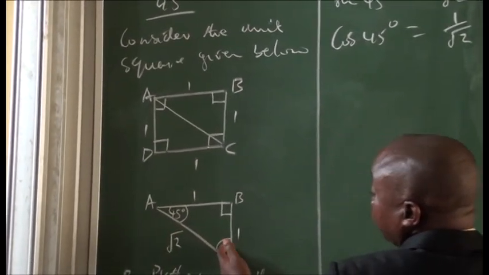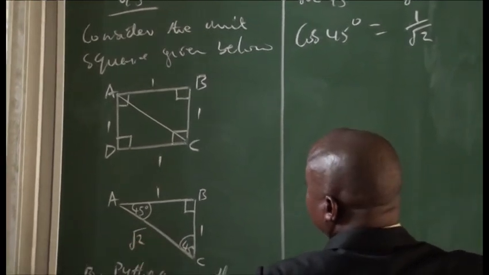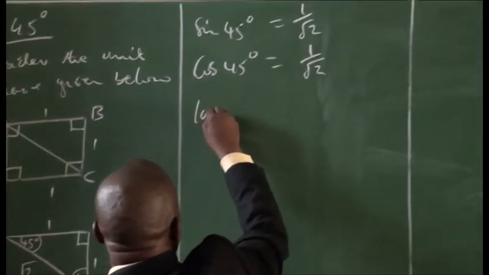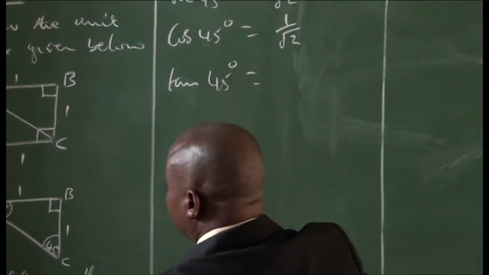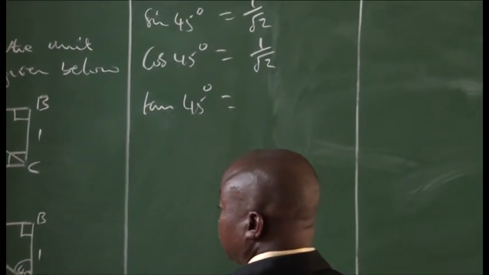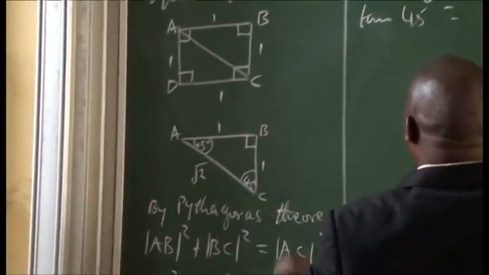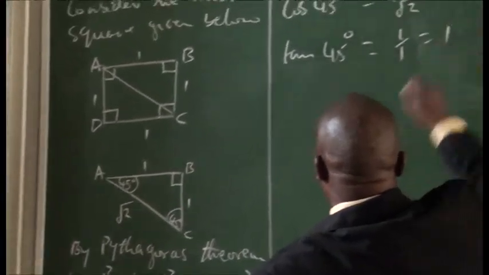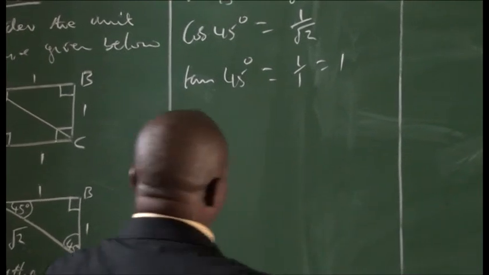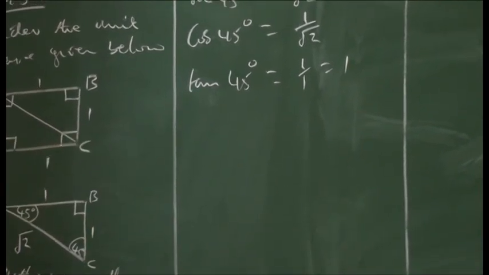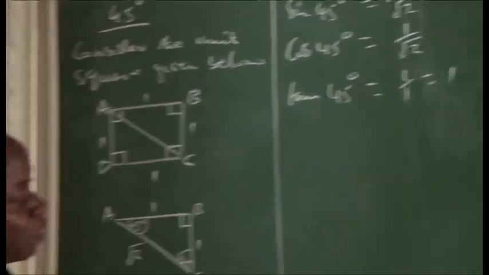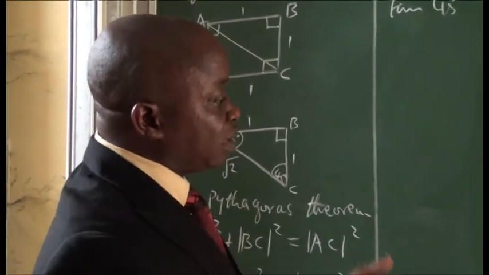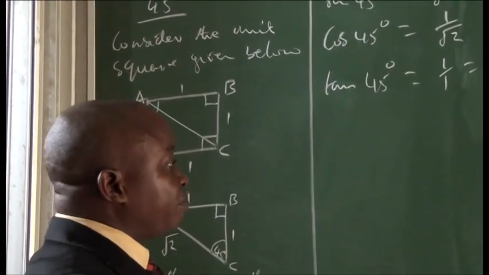And so if we are looking from here, it's adjacent over hypotenuse. Tan 45 degrees is equal opposite over adjacent. Opposite over adjacent is 1 over 1, which is 1. So we have now defined it from 0, 90 degrees, 30 degrees, 60, and 45.